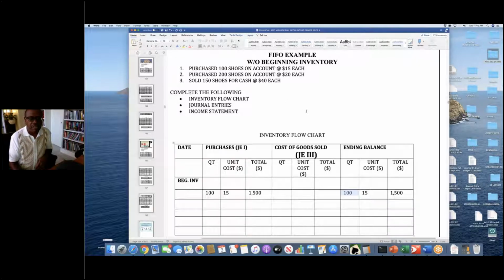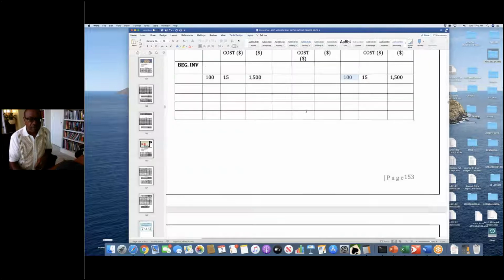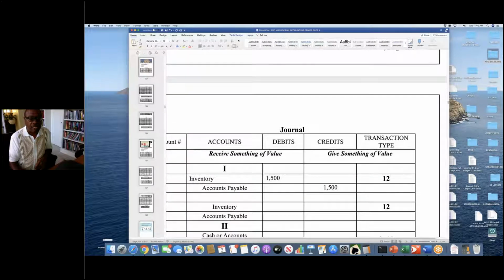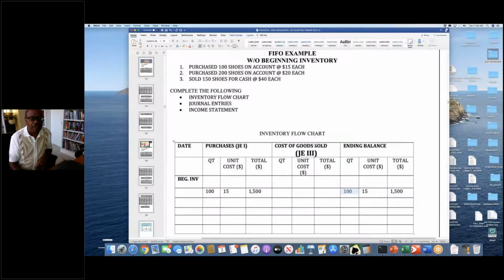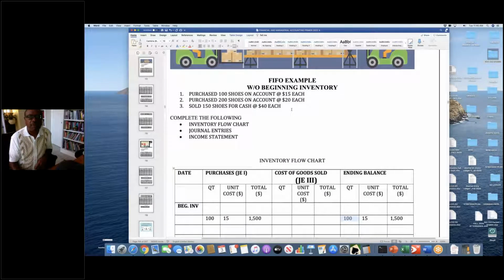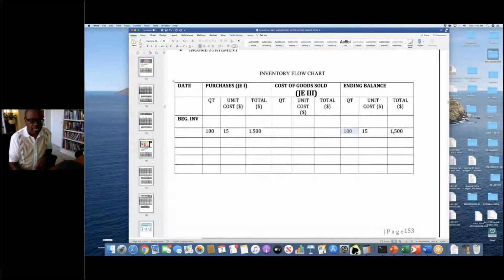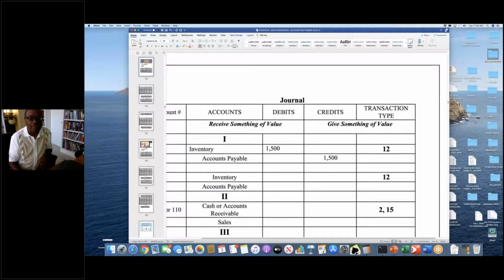Then we buy 200 more. For this 200, we paid how much for them? $20 each, correct? So that's $4,000, right? I'm assuming that's it. Y'all can check it out.